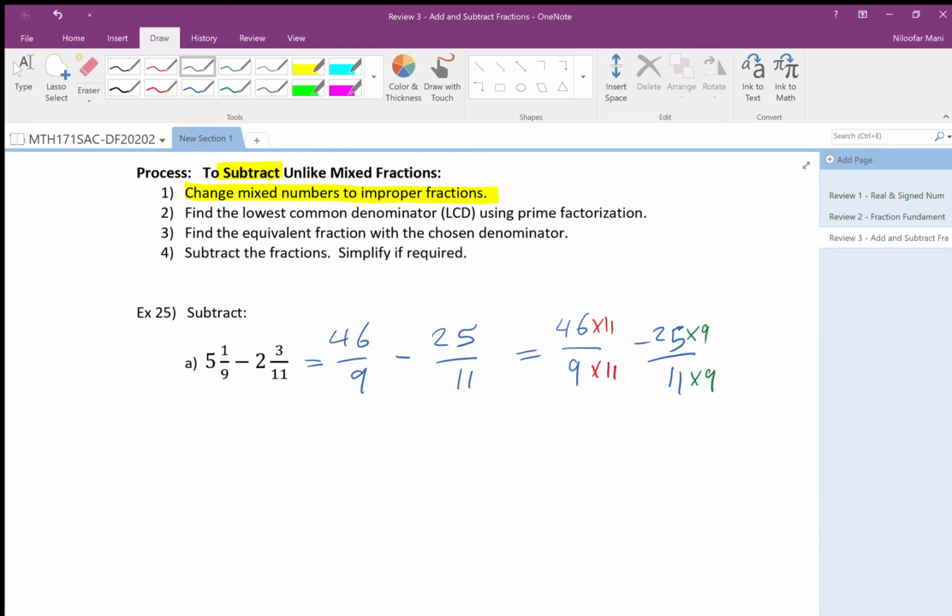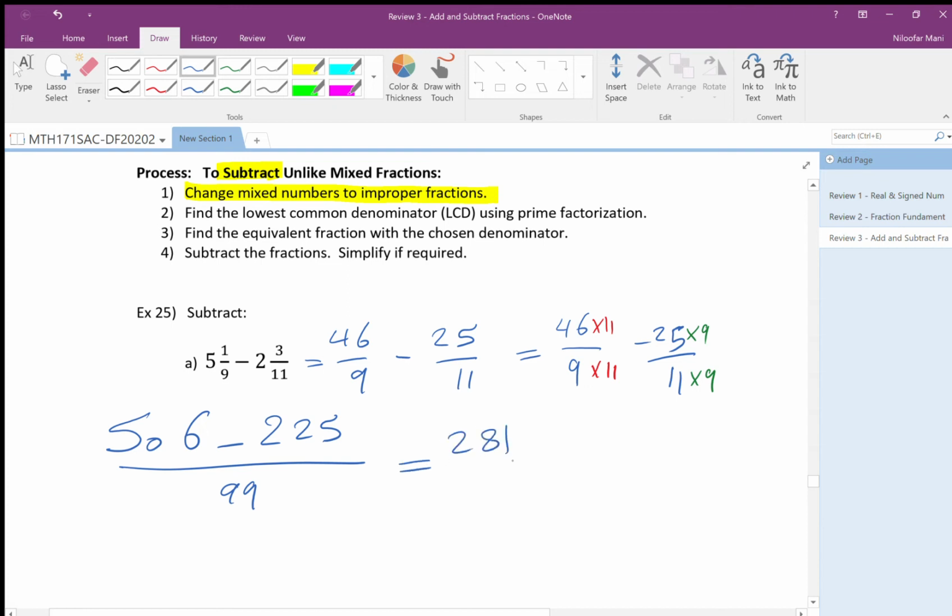I have a reason for changing the color because I want you to see it. If I multiply the denominator, I multiply the top. Okay, so it's 46 multiplied by 11, 506, minus 225, divided by 99, which is 281 divided by 99.